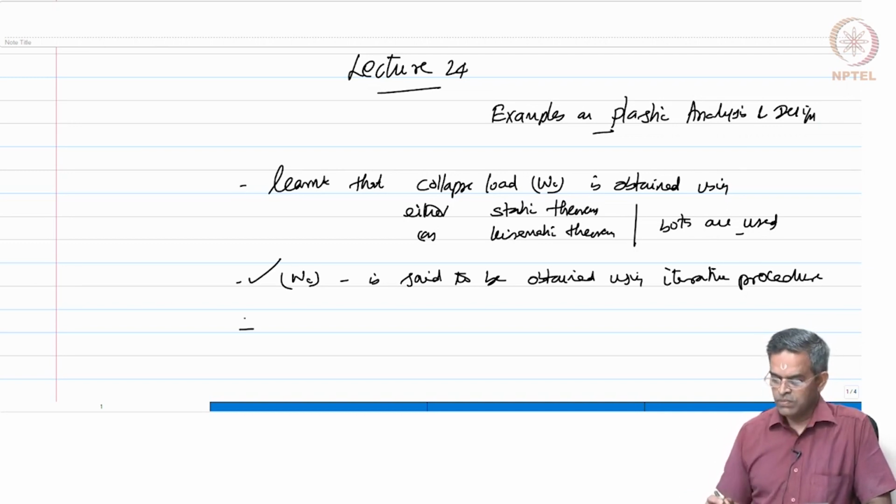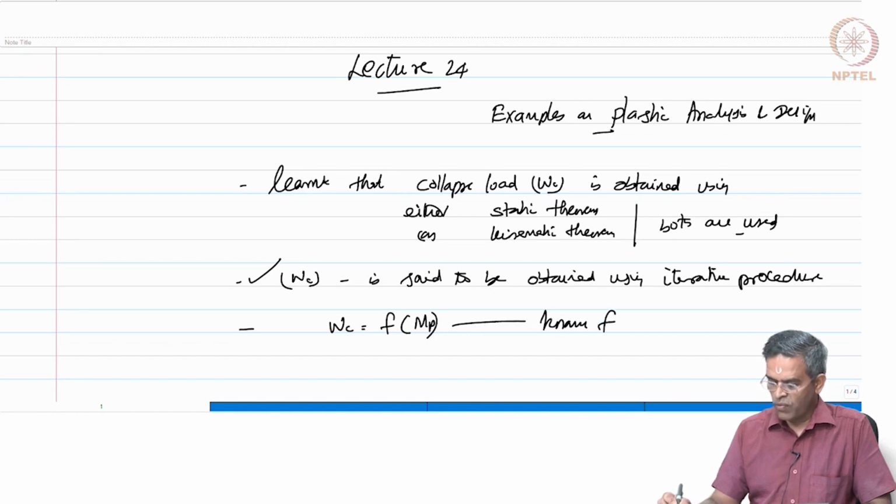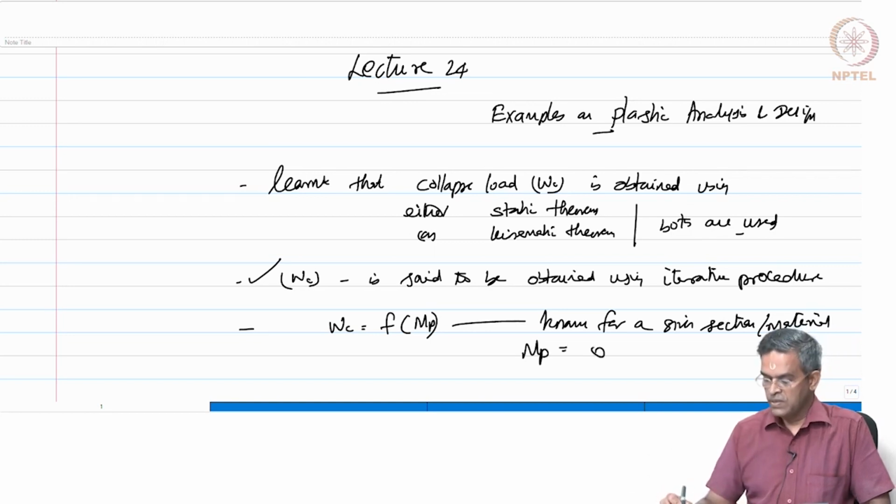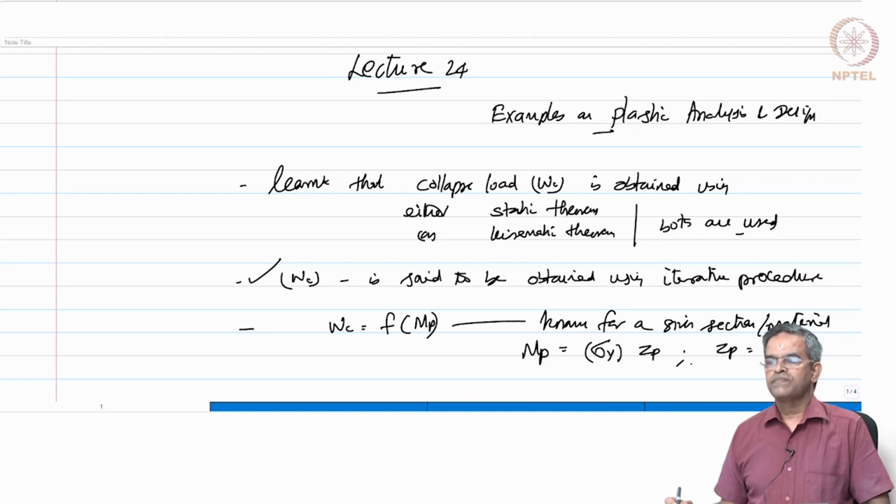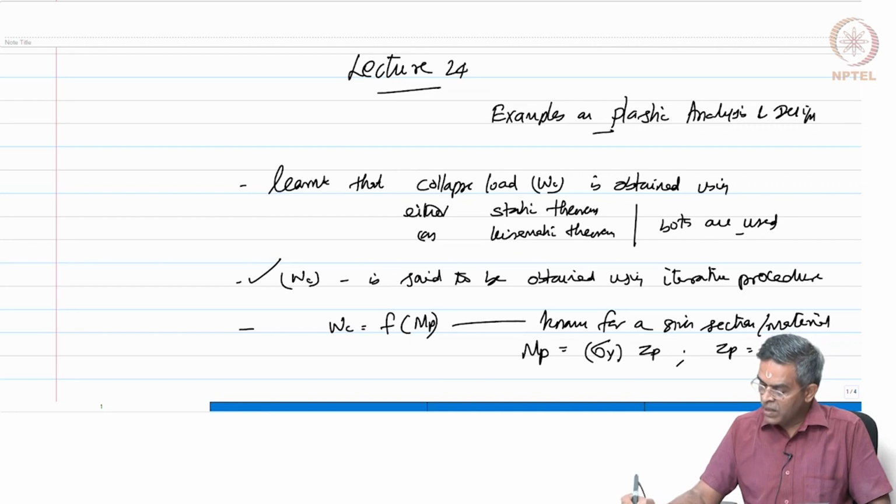We have also understood that collapse load is a function of MP, and MP is known for a given section and material, because MP is actually the yield stress multiplied by Zp, where Zp is the shape factor times Zy, and for standard sections given in the steel handbook, Zy is a known value.